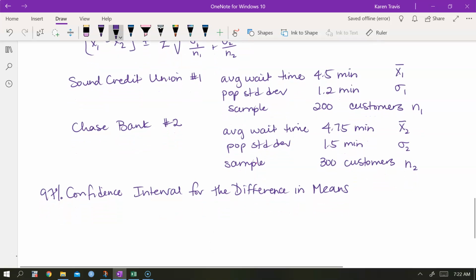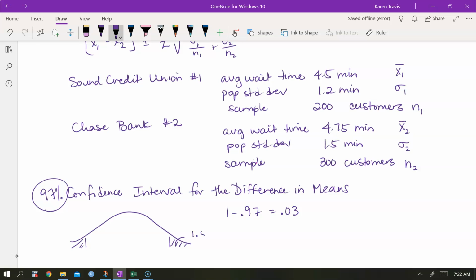Okay, so to find the z, if we're doing 97% confidence, then we have 3% that goes in the tails, and it gets divided by 2, so each tail is 1.5%.